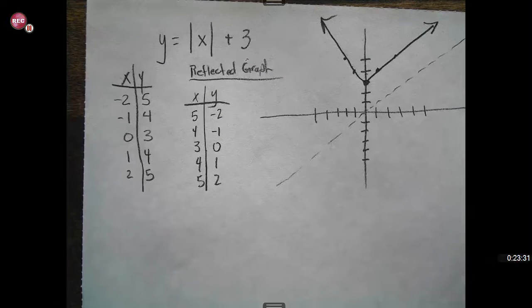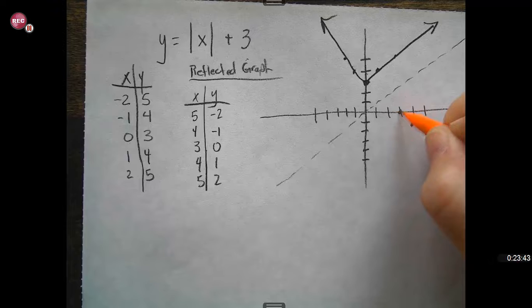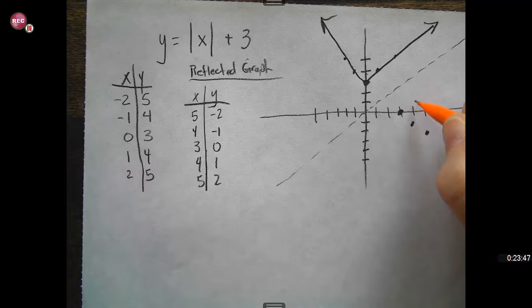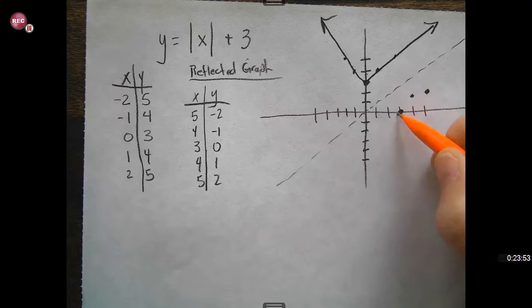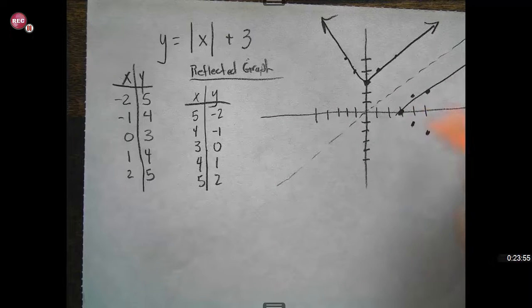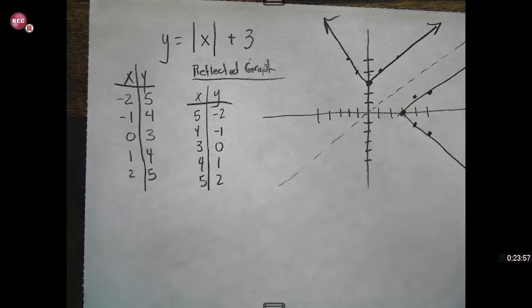I got to have the ordered pairs. So 5, -2 is here. 4, -1, 3, 0, 4, 1, and 5, 2. So I don't know how that point got off, but it's off. There's my reflected graph, okay?